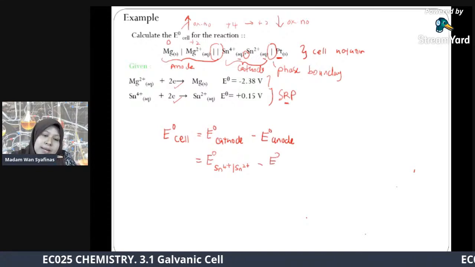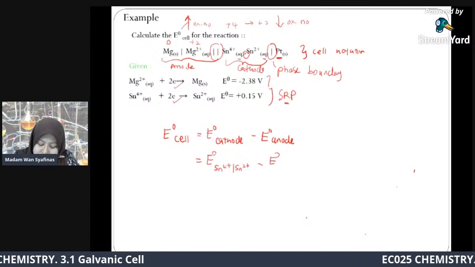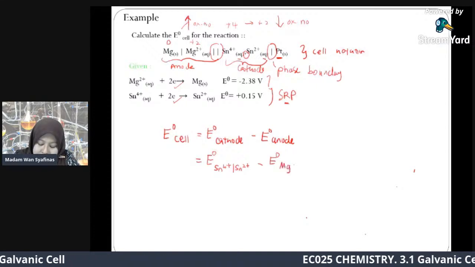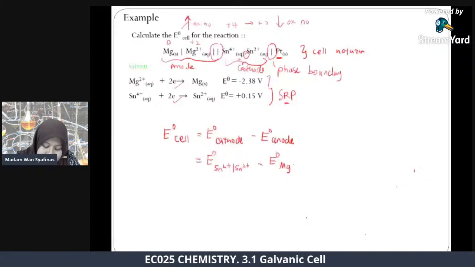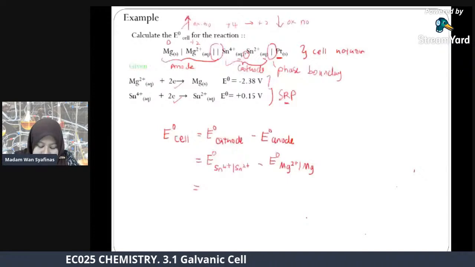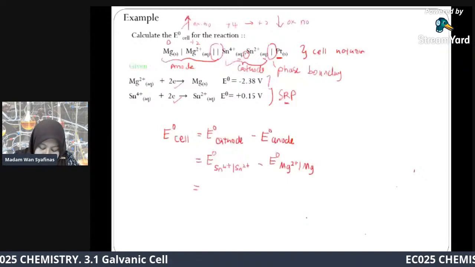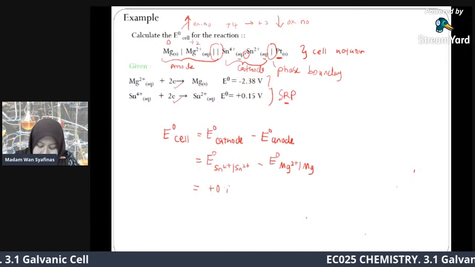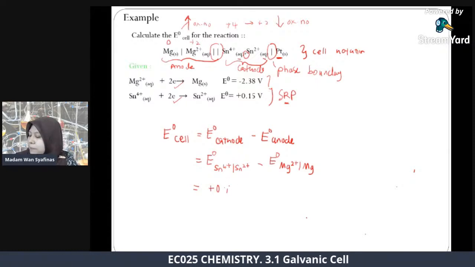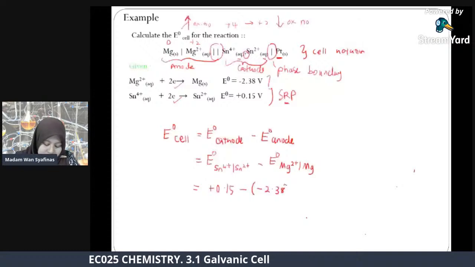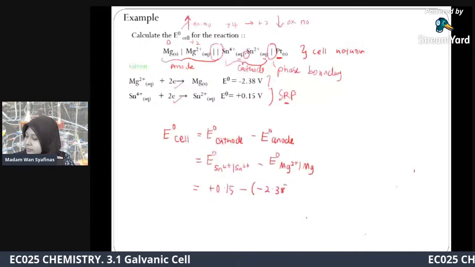Nilai SRP table tu adalah nilai reduction. So that's why yang ni pun kita akan tulis Mg2+, Mg. Maksudnya dalam bentuk reduction. Okay, kita masukkan nilai dia. So tin tadi kita ada nilai dia positif 0.15. So tolak dengan nilai negatif 2.38. So dapatlah nilai dia berapa? Kamu akan dapat nilai dia.